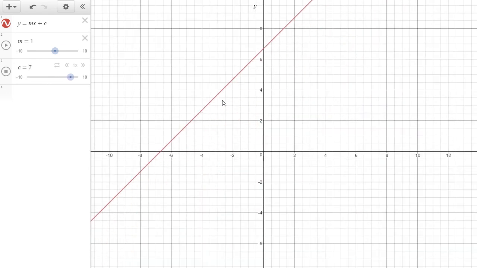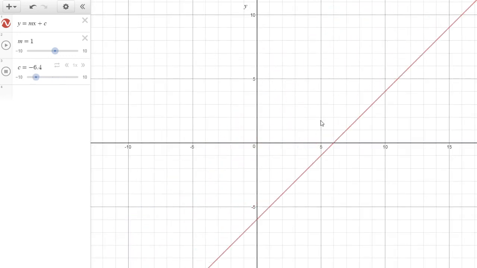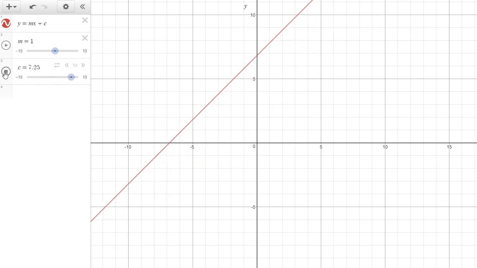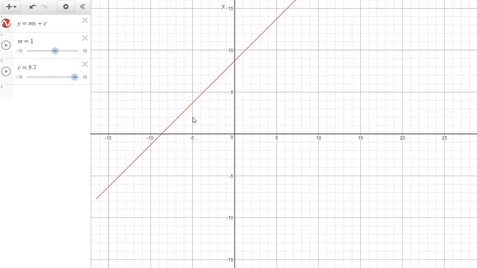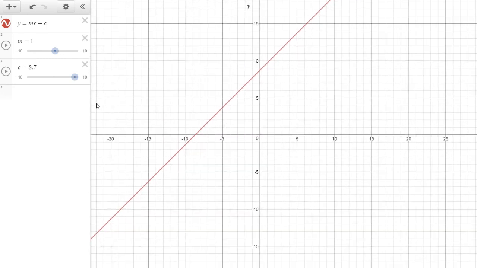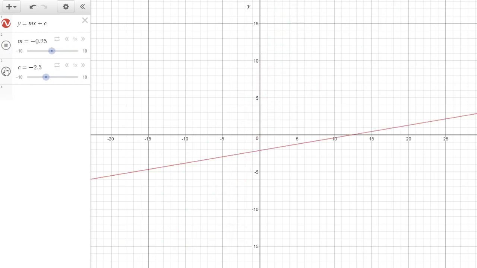Now we can slide it up and down, and we can also rotate it round by the gradient as well. So let's do both at once. Now when we press play on this, it will start drawing out every possible line. If I press play, you can see that it represents us being able to draw every single line that we possibly can.